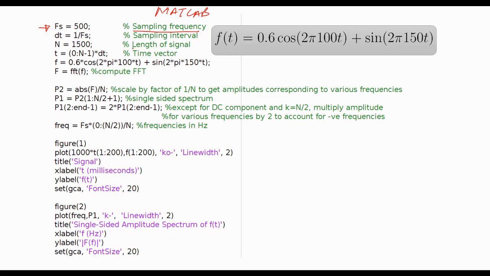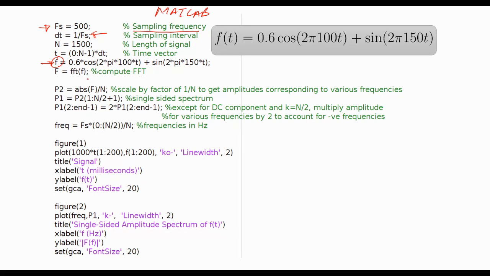We choose the length of the signal, and based on that, we get the vector of time over which this signal has been taken, and then we compute this signal with this command over here, and this lowercase f will have the discrete values of this continuous signal at times which are spaced at an interval of 1 over the sampling frequency.